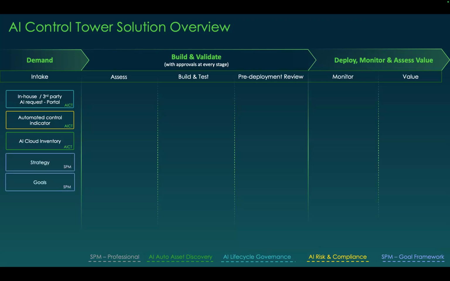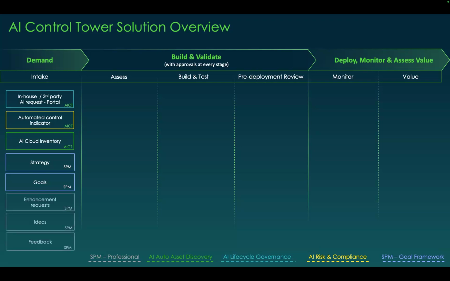Strategy and goals through SPM, defining exactly what your AI roadmap and strategy would look like. Once we have approval or we've set goals that's sitting through the SPM arm, that can then be ingested. By the way, the strategy and goals is part of the goal framework arm of SPM, which is free with any ServiceNow customers.